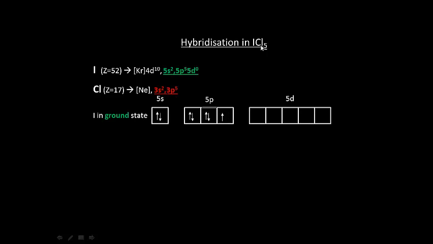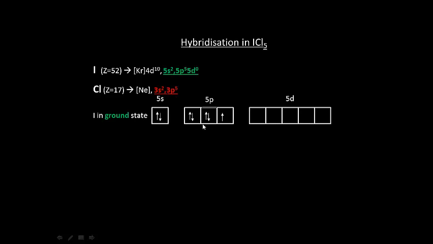As there are 5 chlorine atoms in the ICl5 molecule, the filling of electrons happens according to the Aufbau and Pauli's exclusion principle. As the 5 chlorine atoms need to form bonds with iodine, iodine requires 5 unpaired electrons.